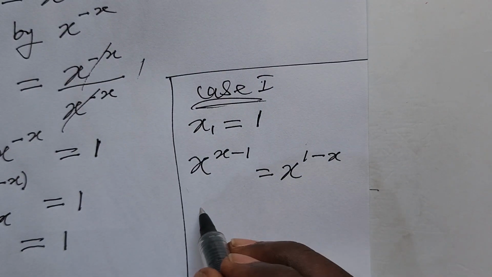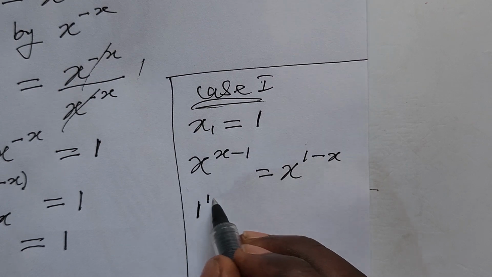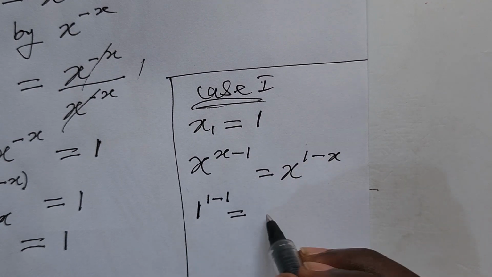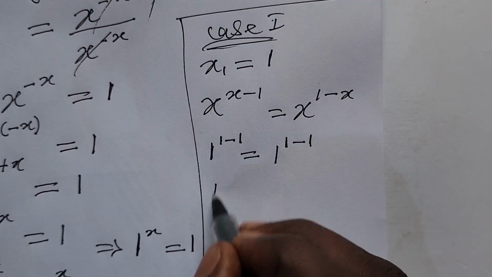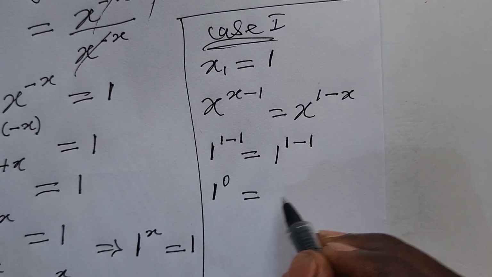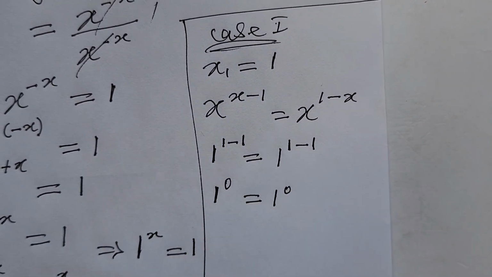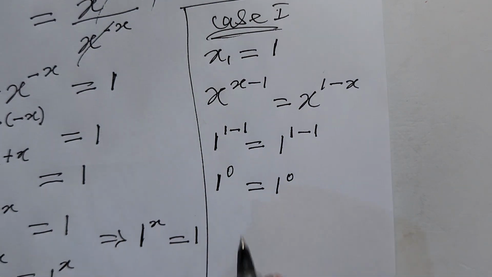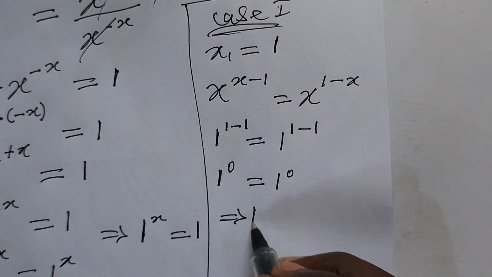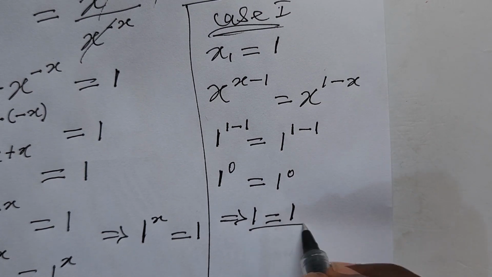Substituting this gives us 1 to the power of 1 minus 1 equal to 1 to the power of 1 minus 1. So we have 1 to the power of 0 equal to 1 to the power of 0, and anything to the power of 0 is what? 1. So this implies 1 equal to 1.